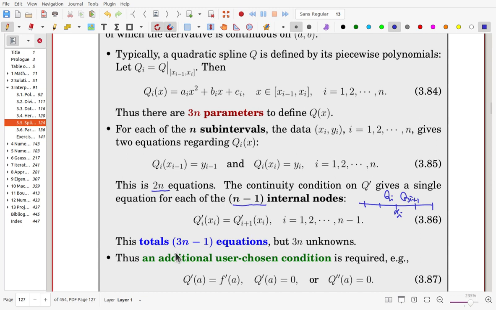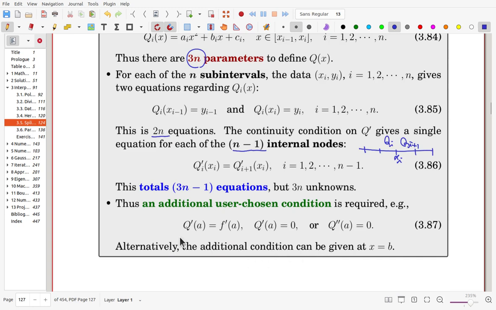equations are available, but the number of parameters we have to decide is 3n. So when you construct quadratic splines, you need to provide one additional condition. For example, you may give the derivative at the beginning point, or if you know the value, then you can use it.